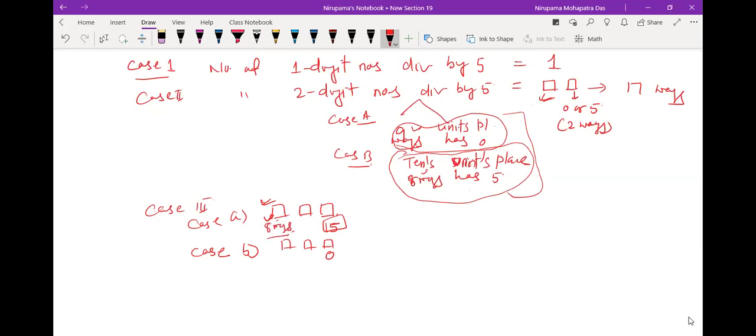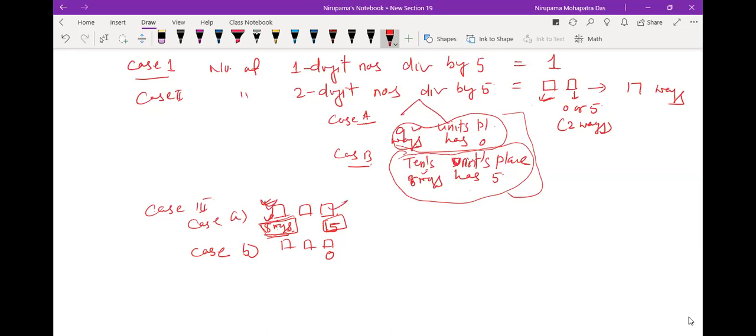And here you don't have any restriction, you can have 0 here also. So 5 you are keeping here. Here 8 ways, any one of the remaining 8 except 0 basically. Remaining 9 में से 0 हमें नहीं लेना. So ये 8 ways. Now here 1, here also 1.